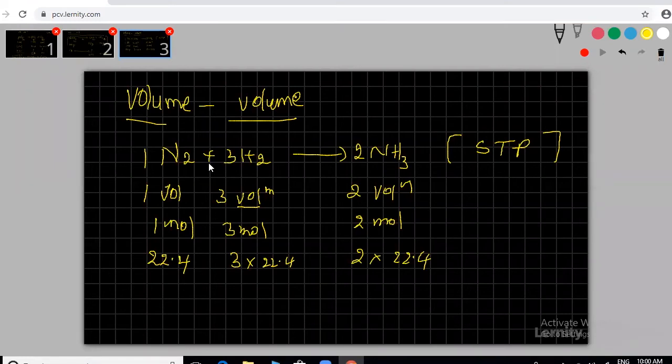Completed? Now write. If we take 5.6 liters of N2 reacted with hydrogen, how much ammonia will you get? Suppose I am taking 5.6 liters.